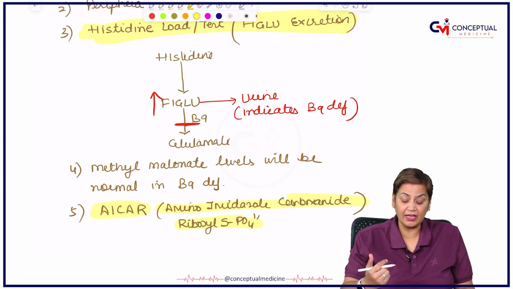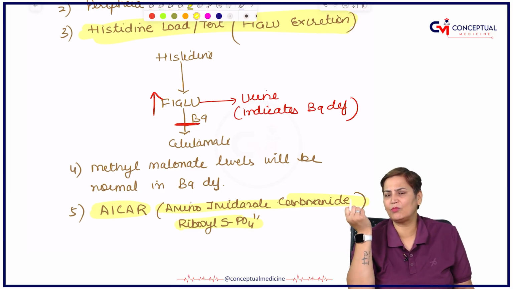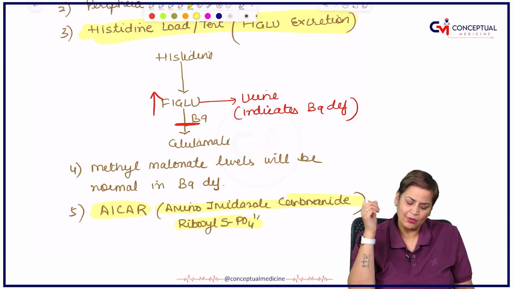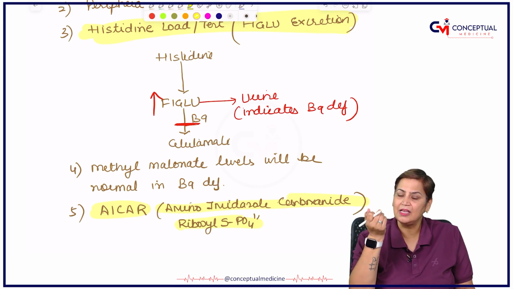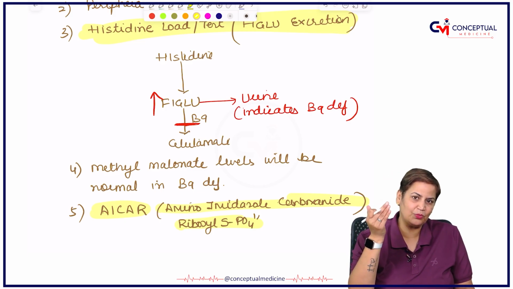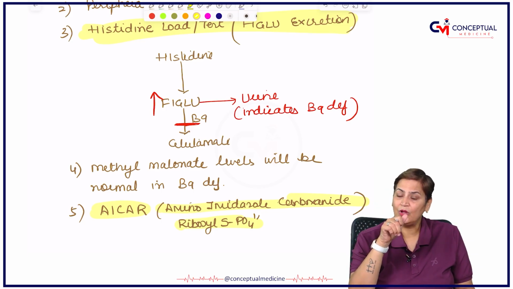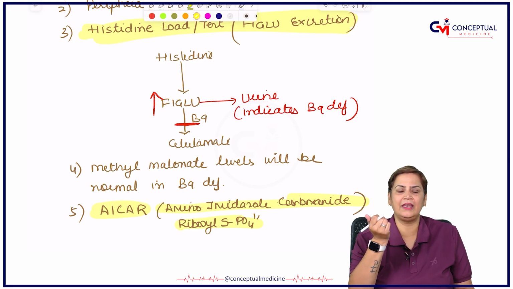Another important thing is that whenever folic acid is deficient, the epigenetic modification will also be hampered, because again the source of methyl group is this. Always keep one thing in mind whenever the concept of one carbon metabolism comes: you always have to go for folic acid, whose active form is tetrahydrofolate, which is carrying either the methyl group, methylene group, methenyl group, or formyl group.